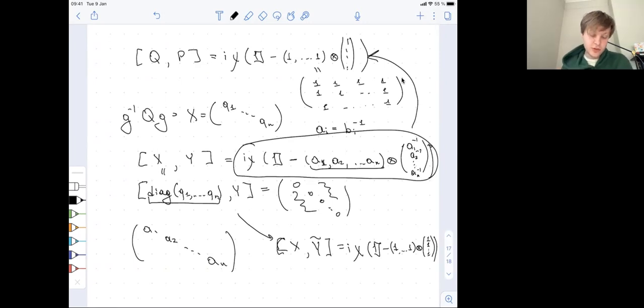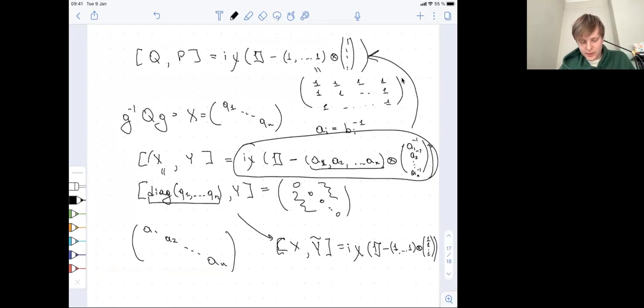Because when we choose the moment map initially, we could choose it as a constant matrix, but then when you do this conjugation, you may lose this property of being constant, because in general you conjugate by a non-constant matrix.